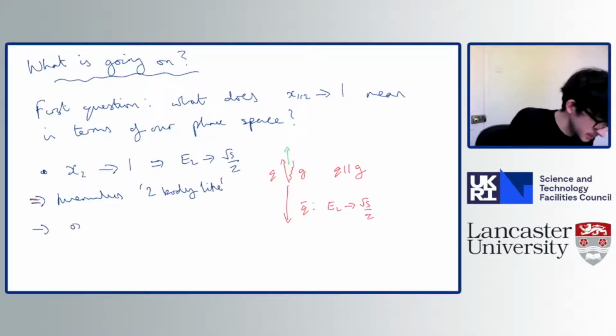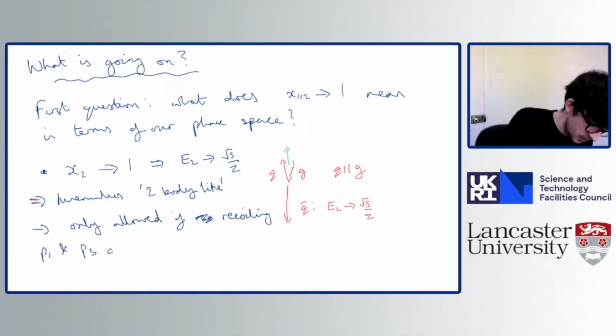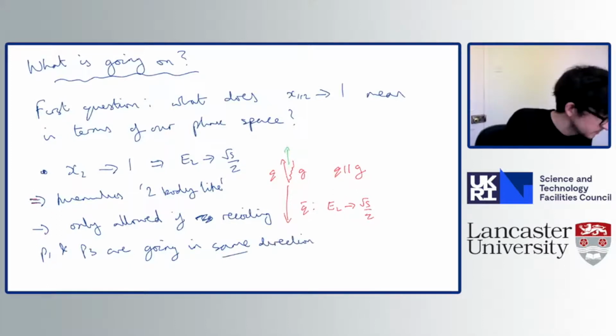And this is only allowed if the recoiling P1 and P3, the quark and the gluon, are going in the same direction, which is in the opposite direction then of the antiquark. I.e., the quark is, we say, collinear to the gluon, or the gluon is collinear to the quark.